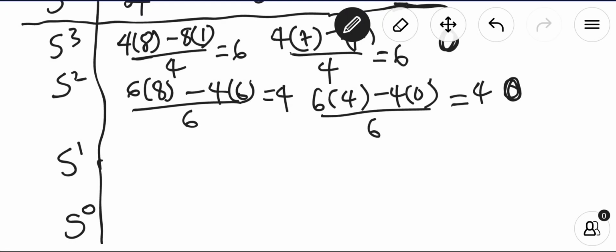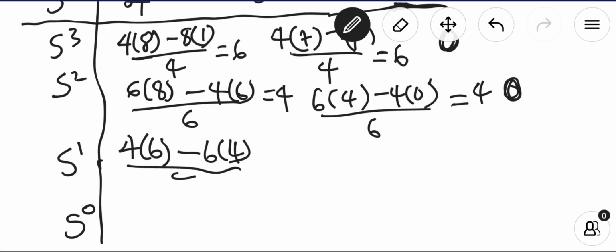So now for s to power 1, you have 4 times 6 minus 6 times 4 all over 4. And that will give you 0. Similarly, 6 times 4 minus 4 times 6 over 4 is equal to 0.